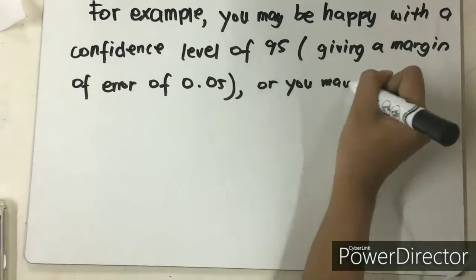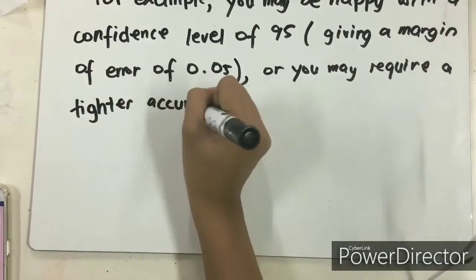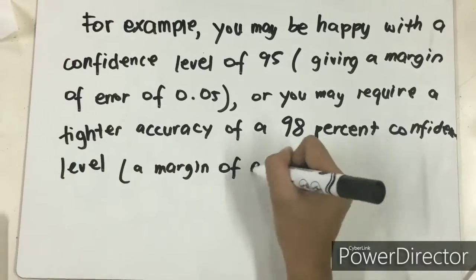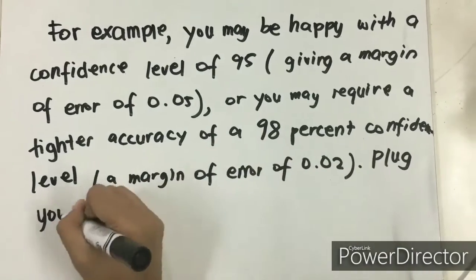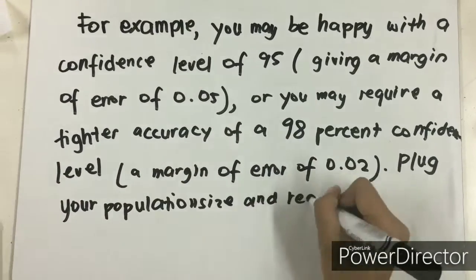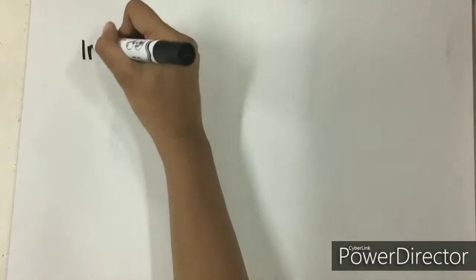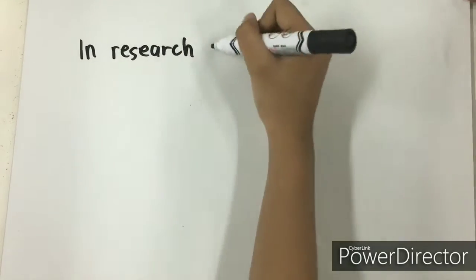Or, you may require a tighter accuracy of 98% confidence level, a margin of error of 0.02. Plug your population size and required margin of error into the formula. The result will be the number of samples you need to take.